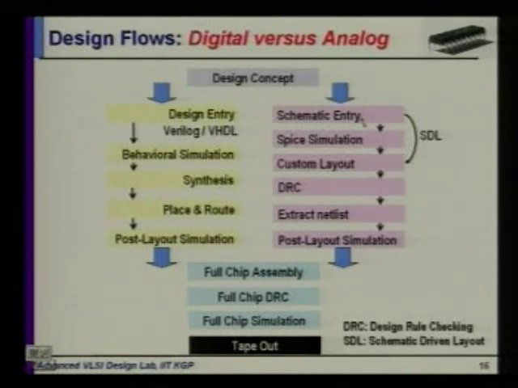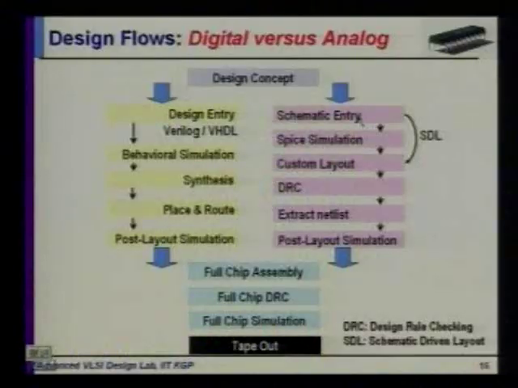It can also use some standard cell blocks which are pre-designed by other people and provided as part of the tool, or provided as part of the library that your company has built over the years. And then after you have designed using those blocks and the transistors and the components that you have entered in the schematic editor, you do a SPICE simulation, and then from there you go to a custom layout.